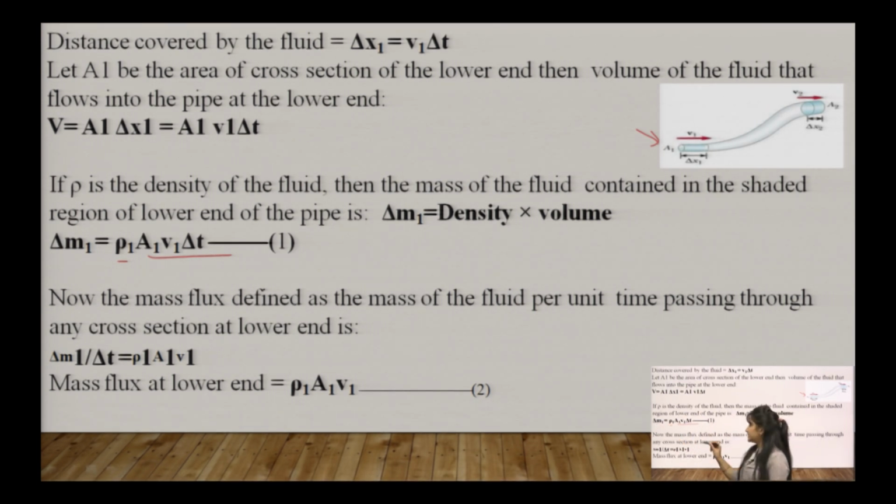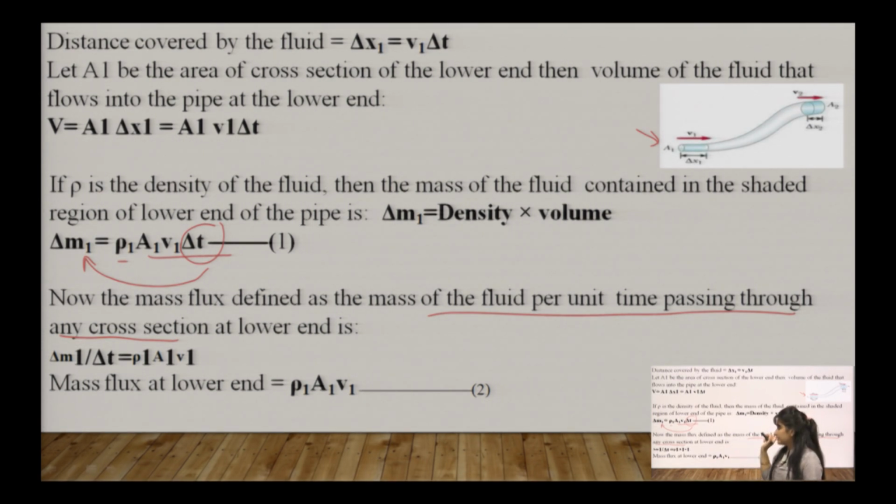But here what we can do is take the time around the mass, which gives us the mass flux. Mass flux is defined as the mass of the fluid per unit time passing through any cross section, and here the cross section is the lower one.